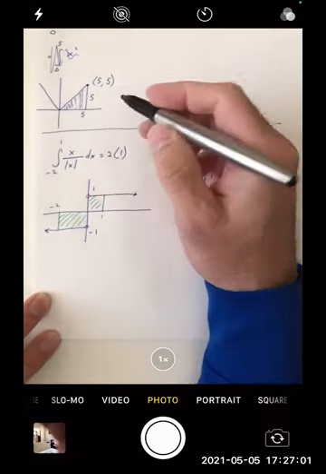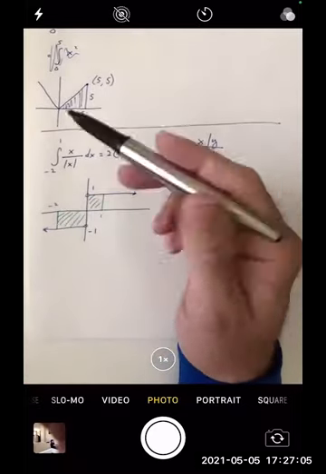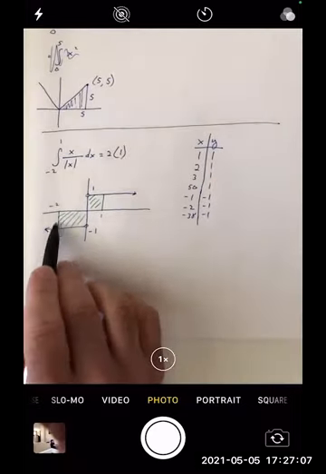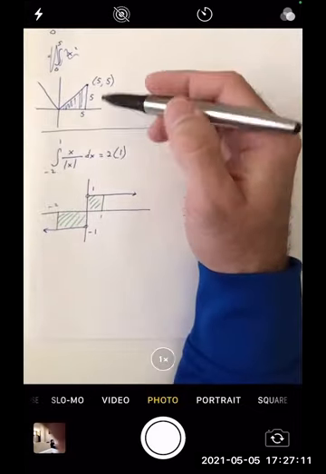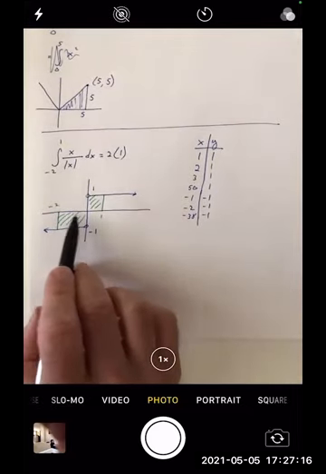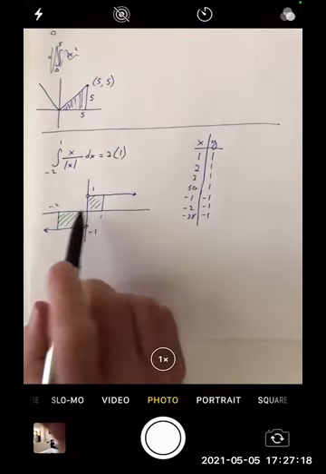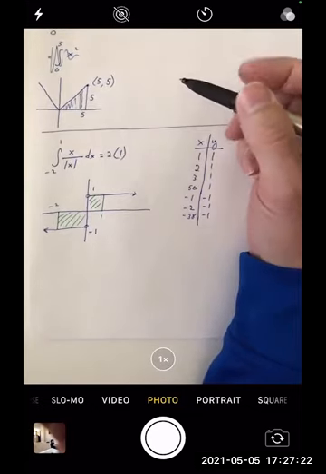Okay. So you've got to be careful with that, because your lengths are always positive. But since the area is underneath the x-axis, what does that make the value? It would make it negative.